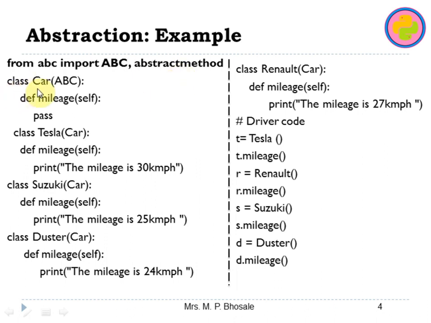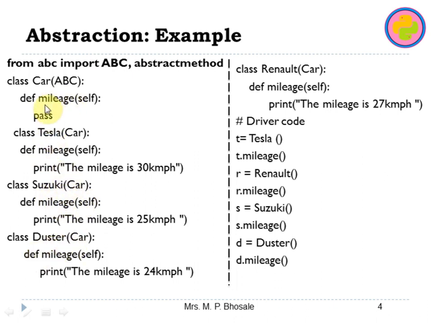So here Car is the abstract class because it is inheriting this capital ABC class, and in that, def mileage is the abstract method, because here we are using the pass keyword, which means the implementation is not written here, and its implementation is in the Tesla car, the Suzuki class or the Duster class.